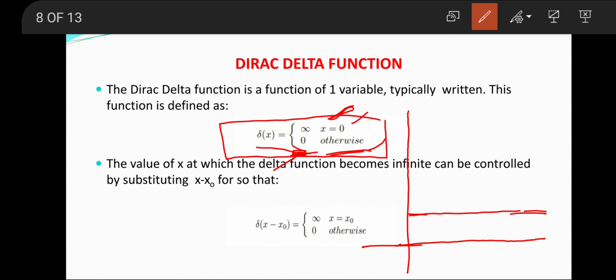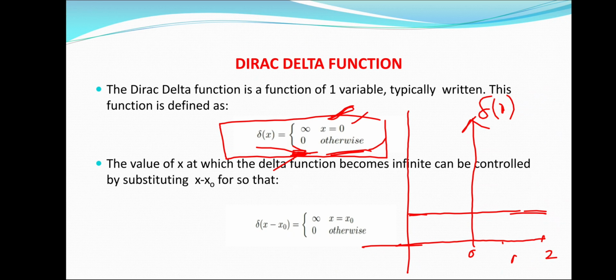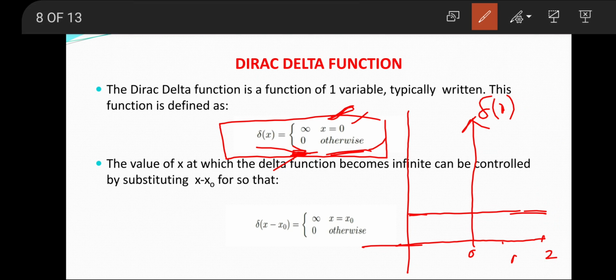Let us consider this as the delta function, delta of x. On this axis the points are 1, 2, minus 1, minus 2, and then 0, 1, 2, 3.